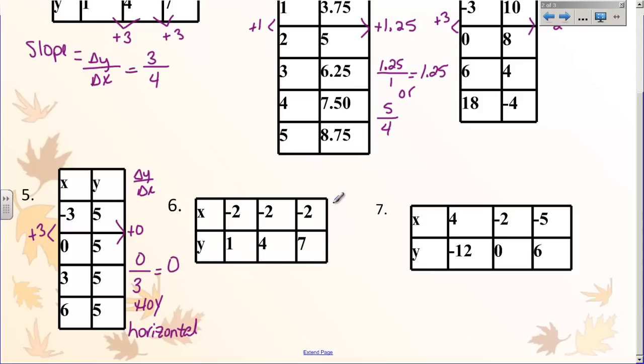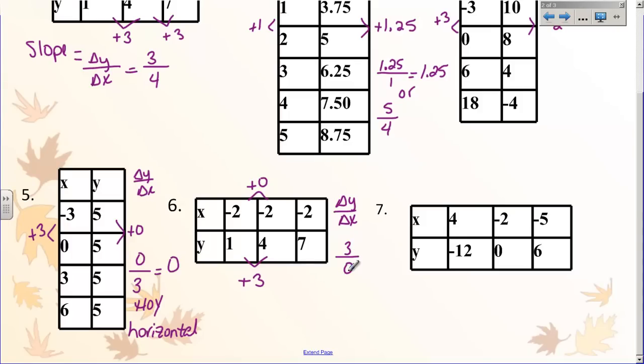Now number 6. Look at your x values for this one. Your x values are all exactly the same. So let's do our change in y. From 1 to 4 is plus 3. But my x values have a change of plus 0 because they are all exactly the same. So when I do my delta y over delta x, I end up with 3 over 0.